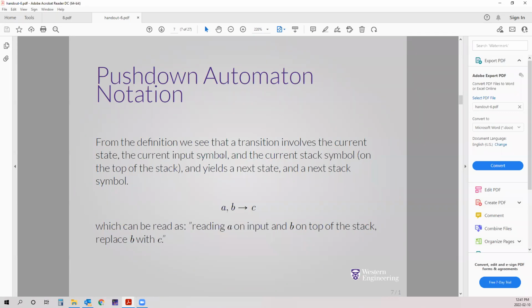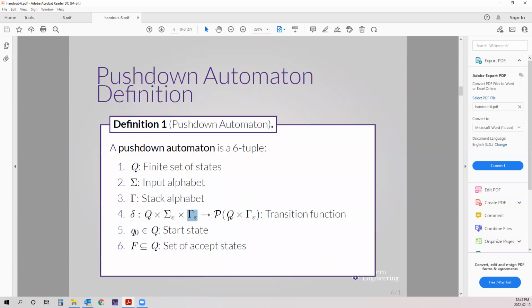So we have the current input symbol, the current stack symbol, the next state, and the next stack symbol. This is what we added. So it's the same as an NFA, but we add the stack things.